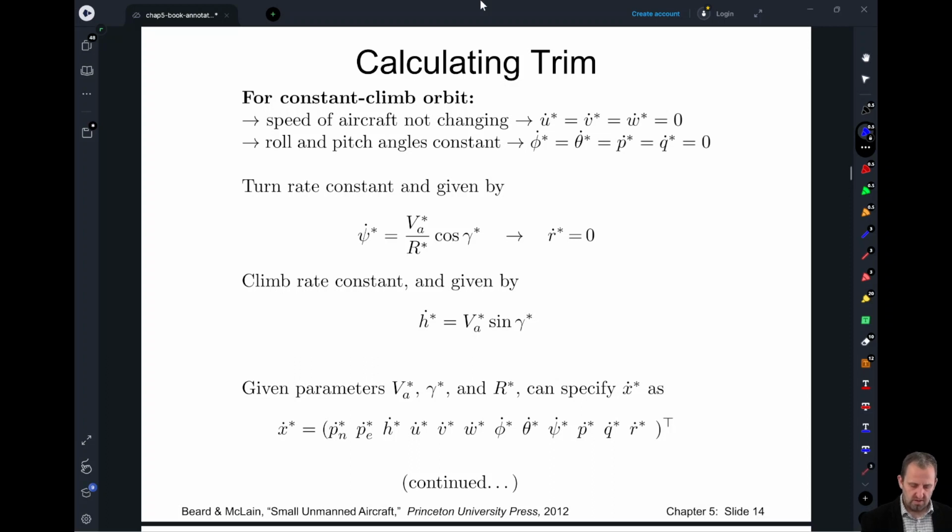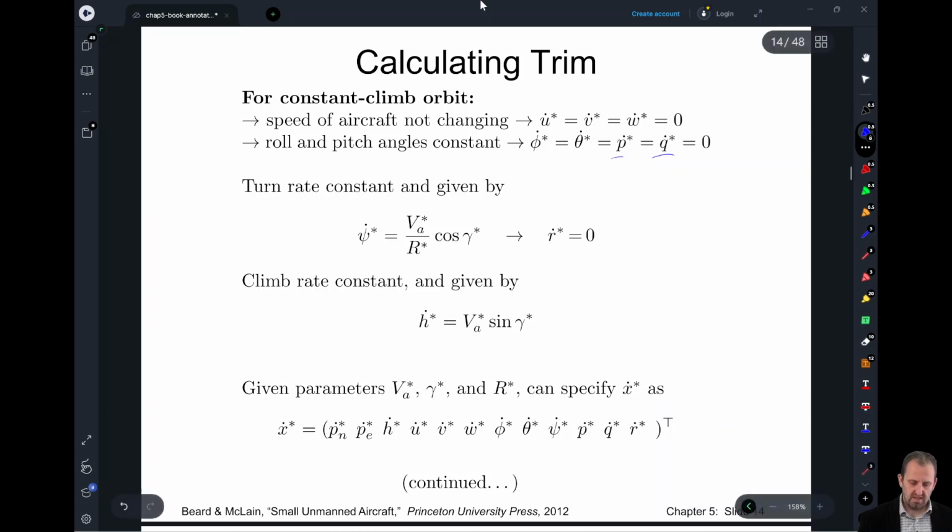A constant non-zero value for our roll will give us that coordinated turn, and the pitch will give us that vertical movement. Since our roll and pitch angles are constant, that's going to mean that our P dot and Q dot are also going to be constant. So here we see that 1, 2, 3, 4, 5, 6, 7 of our equations in our dynamics are going to be equal to 0.